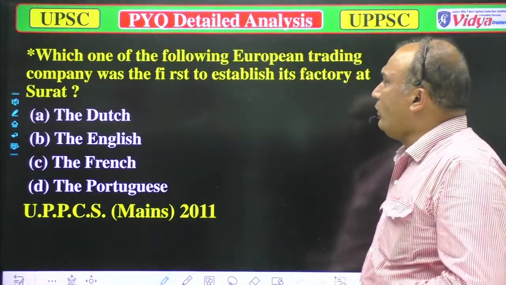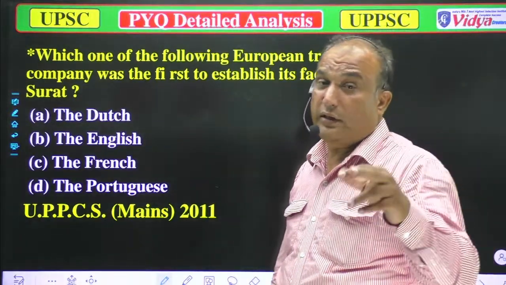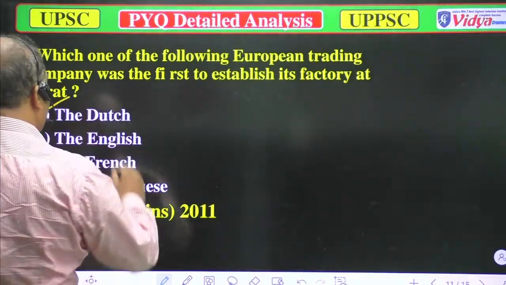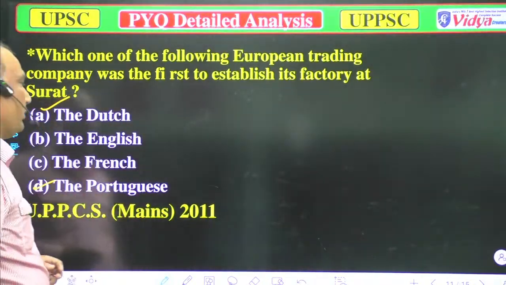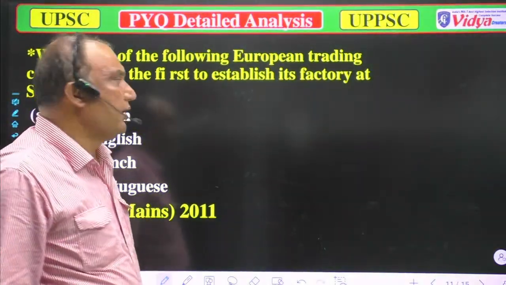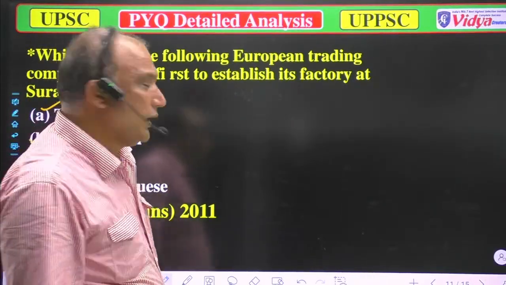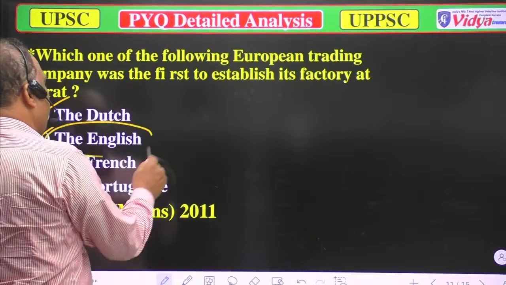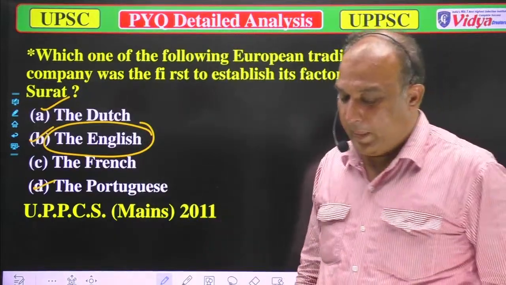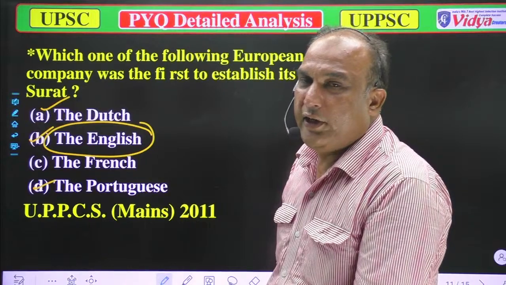Which of the following European trading companies was the first to establish its factory at Surat? We are talking about Surat, you know. The Dutch, no. The Portuguese, no. But the English were the first to establish a factory in Surat, after getting the permission of Jahangir.